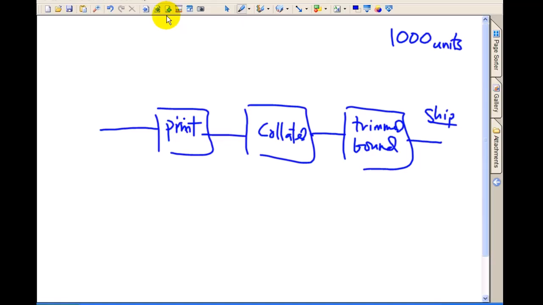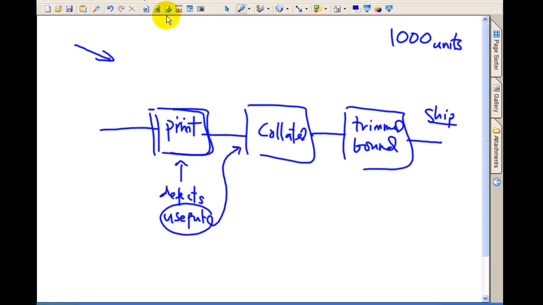If you were the printing foreperson, how many units will you start with? Knowing that this process is not perfect, meaning at this stage there will be some defective units and some will be usable, and these useful units will go to the next stage.